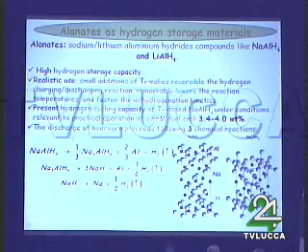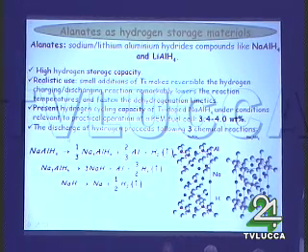So alanates are offering an interesting perspective as hydrogen absorbers, especially after it has been found that titanium catalyst makes the reaction reversible, lowers the reaction temperatures, and fastens the kinetics. The reactions are written here.